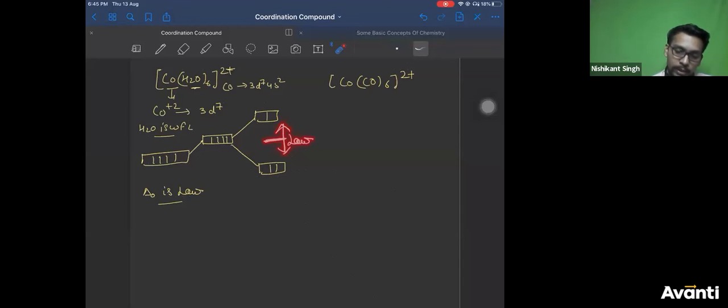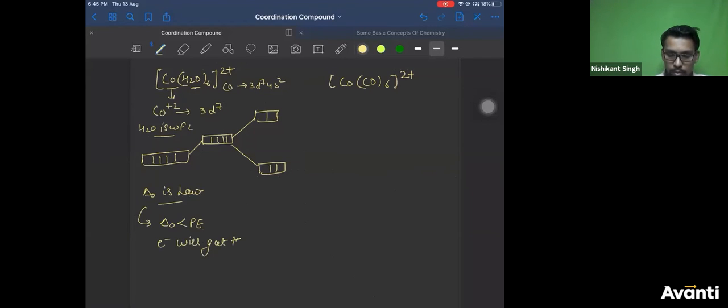If delta O is less than the pairing energy, the electrons will go to Eg. So you get 1, 2, 3, 4, 5, 6, 7. The electrons go to Eg. This is your delta O.